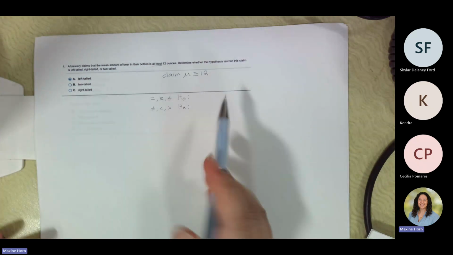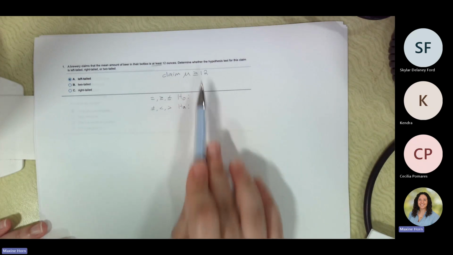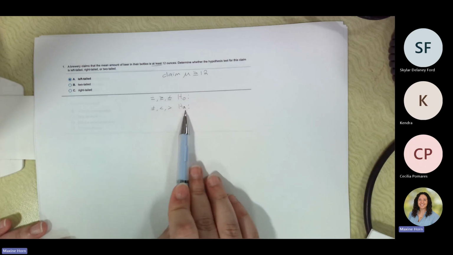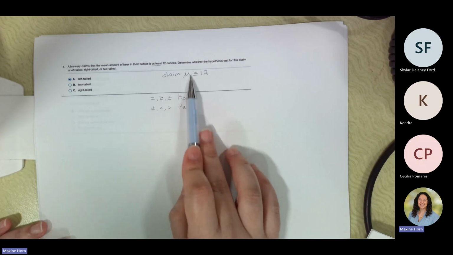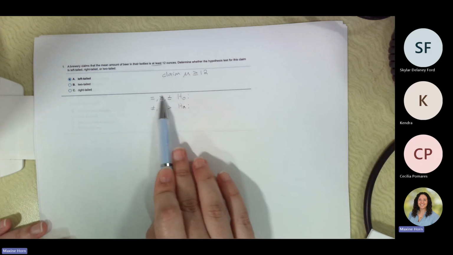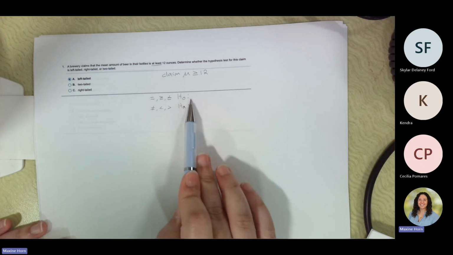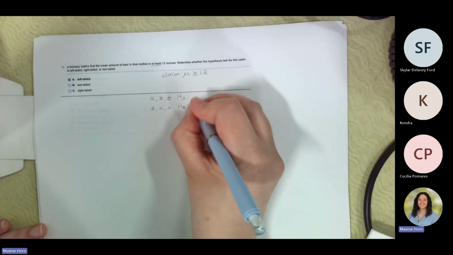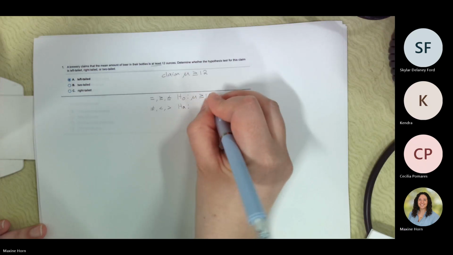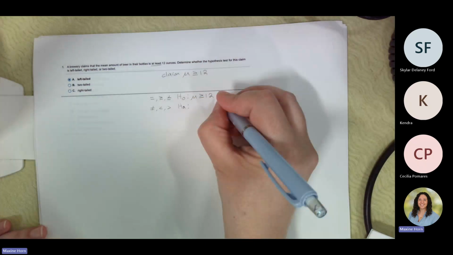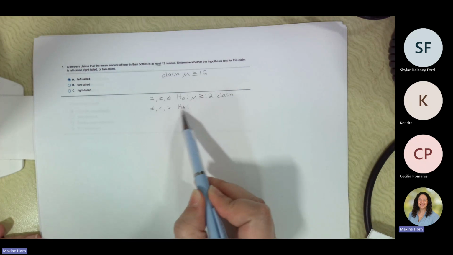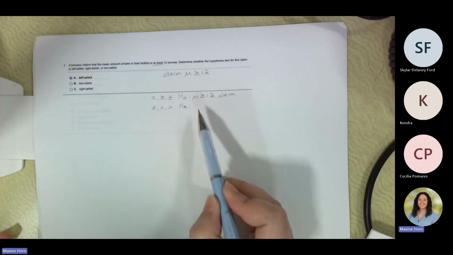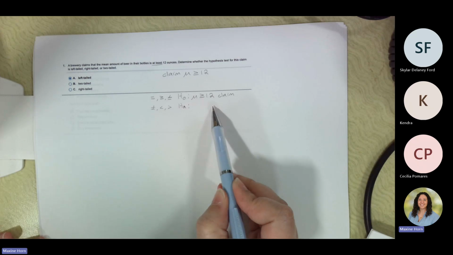Once you've written down the claim, you have to decide whether you just wrote a null hypothesis or an alternative hypothesis. This symbol has some kind of statement of equality, so that means this is the null hypothesis. I always like to write next to it which one was the claim. It's not always the null hypothesis, it's often the alternative hypothesis, but in this case it happened to be the null hypothesis. So now we need to write the alternative hypothesis.